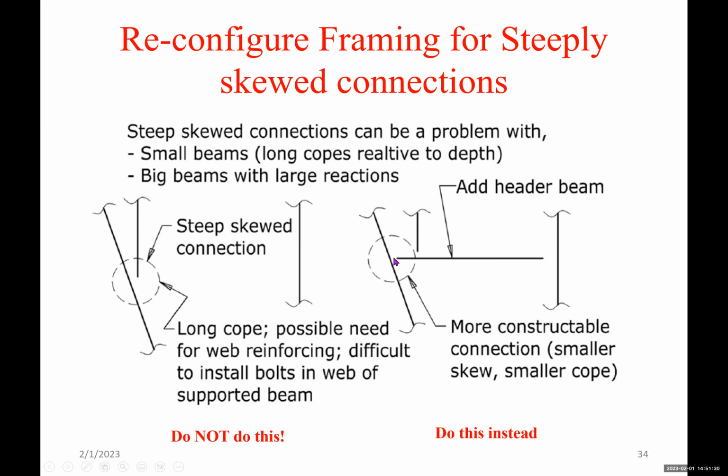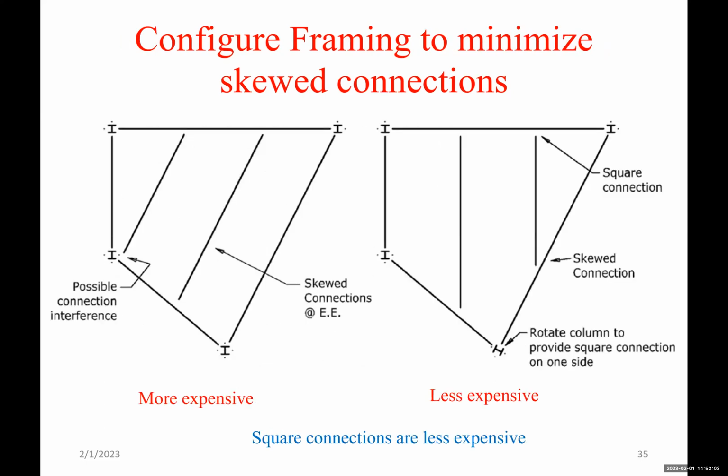So have a beam between this sloped one and this straight one, have another beam, okay? And then configure the framing and just move this a little bit, and let it have a square connection with this additional member between them. Okay, so that's add a header to take the reaction from the other beam.